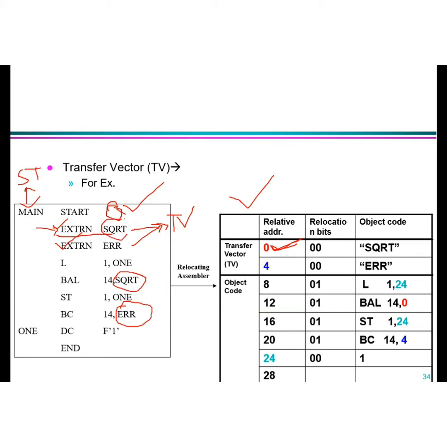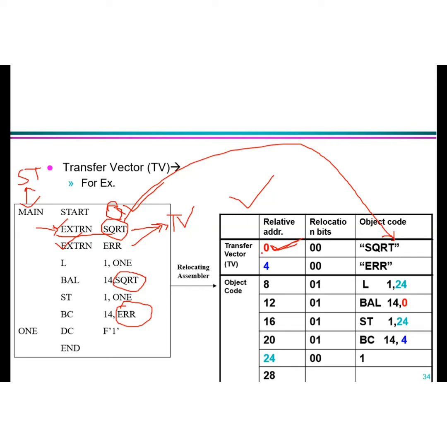And then whatever symbol comes with extern, that SQRT symbol will be added in the object code area. See here. Okay. So the first entry of the transfer vector is created. It is again 4 bytes, starting from 0. Okay. So 0 to 4. These first 4 bytes will be occupied by the first external symbol SQRT.